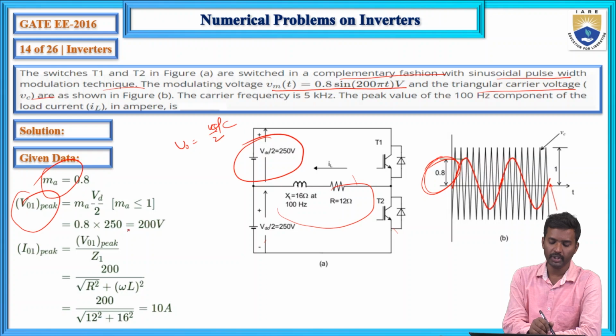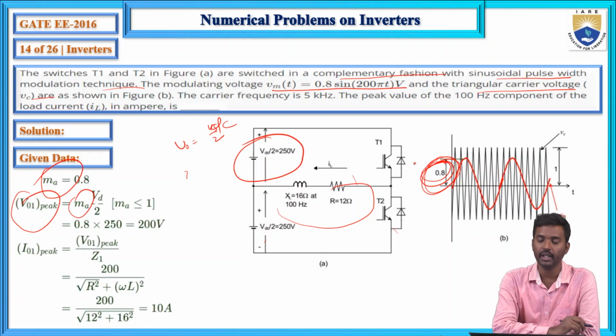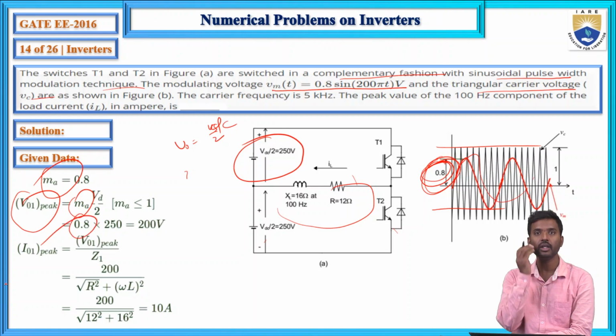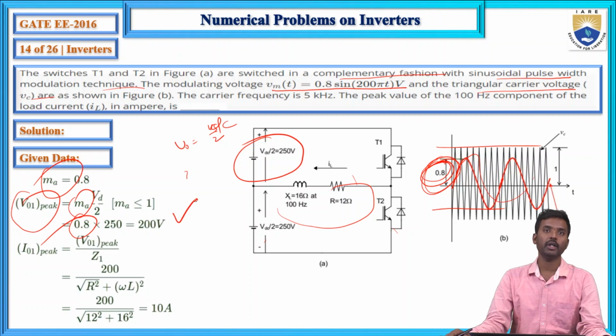Vdc by 2 means that is 250. Another extra term comes here, that is the modulation index. This is for the fundamental, and this is the modulation index. Multiply by 0.8, you will get 200 volts, that is the fundamental component peak value.